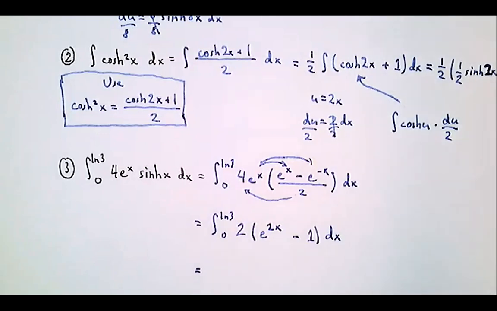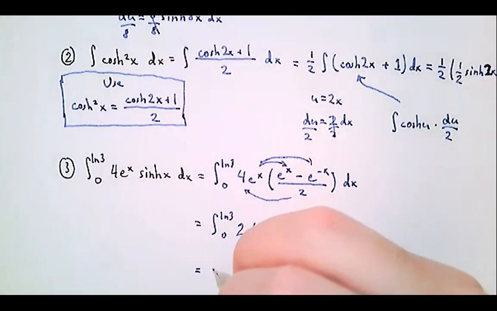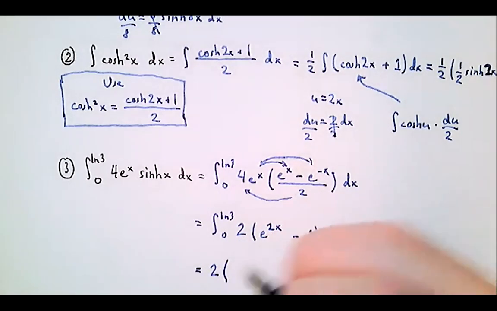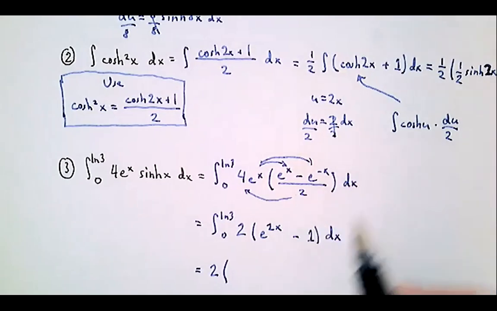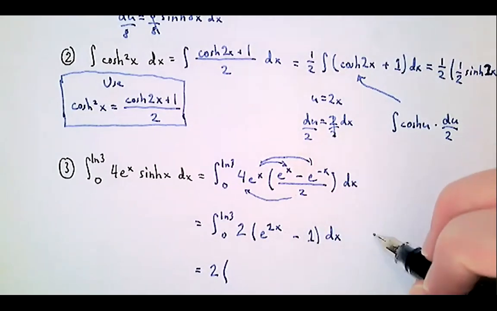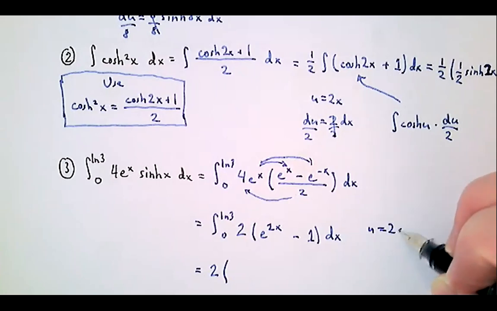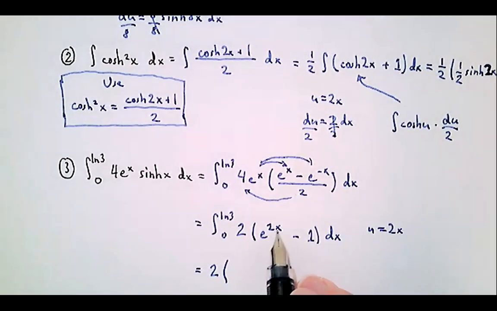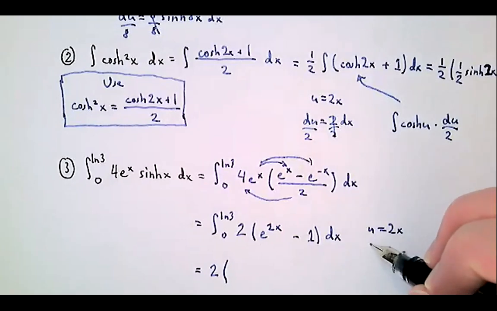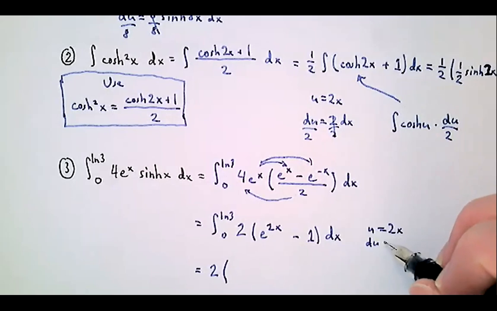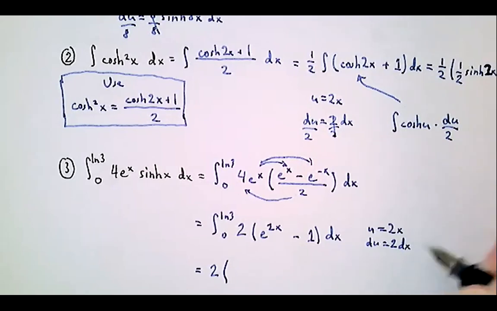Okay, so the 2 goes along for the ride, and then from this first function, e to the 2x, once again, this might be something you can do in your head, or if you want to write out the details, we have to think about the 2x as being an inner function. So this is kind of a U substitution problem.